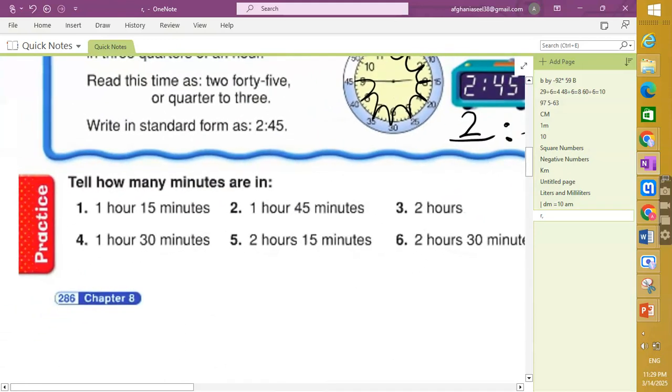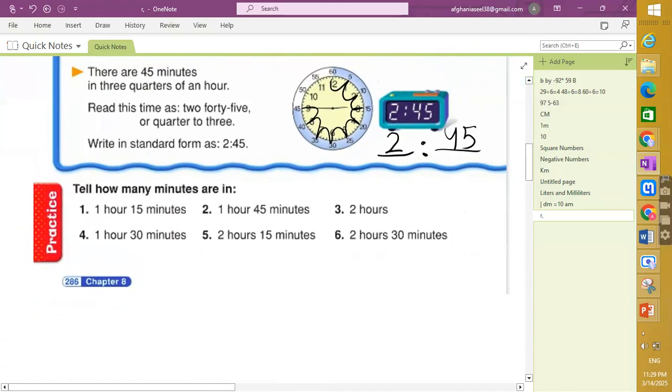Now, here we have a very important question. It says, tell me how many minutes I have in each case. Number 1, I have 1 hour and 15 minutes.